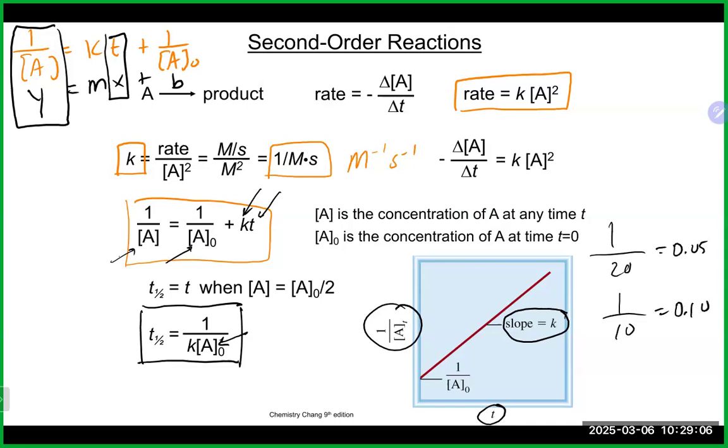So what we see here, right, is as the initial concentration decreases, what happens to the half-life? It actually will increase, yeah? So that's what we see here.